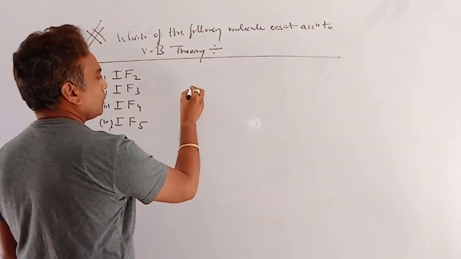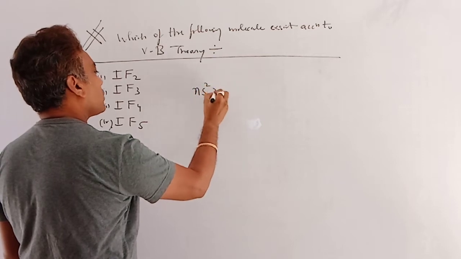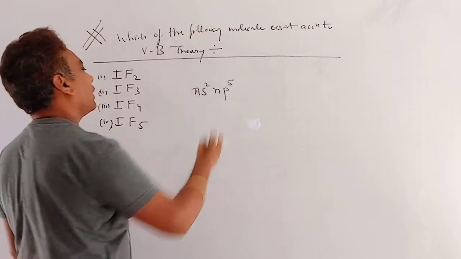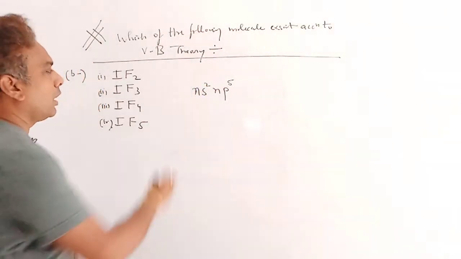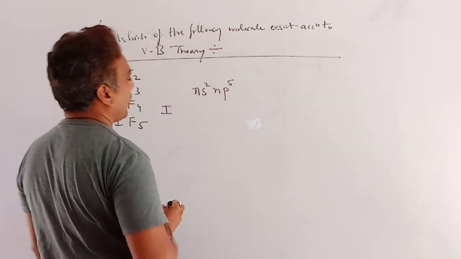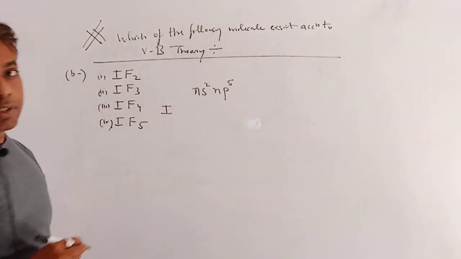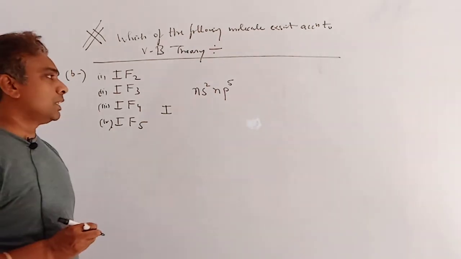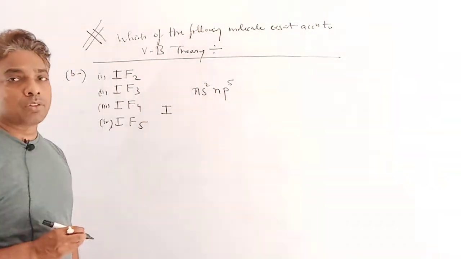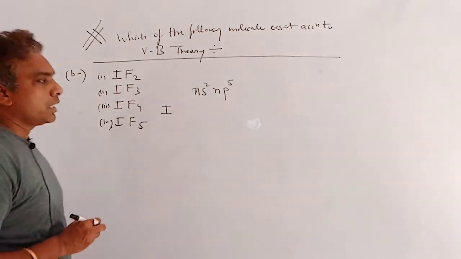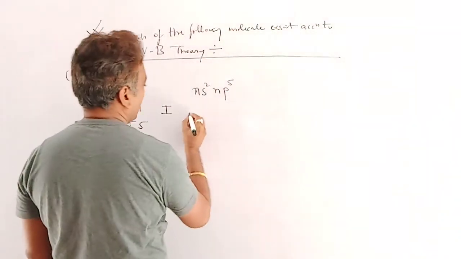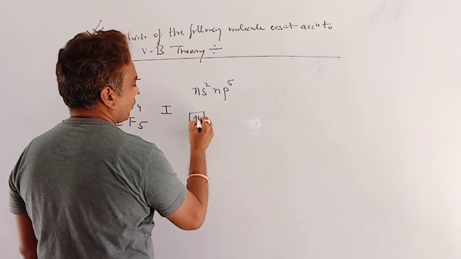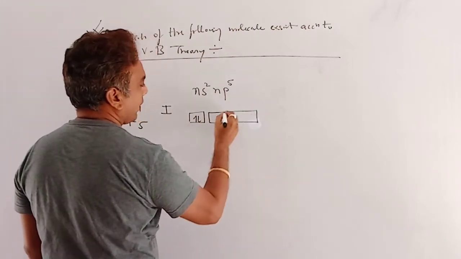In the case of halogens, the general configuration is ns2 np5. Clear? So in the case of iodine, if we have no idea about its atomic number, then we can write the outermost configuration with the help of the general configuration of the halogen group, which is ns2 np5. Clear?